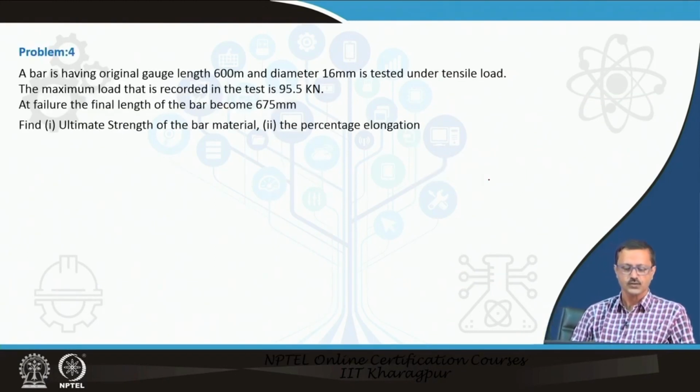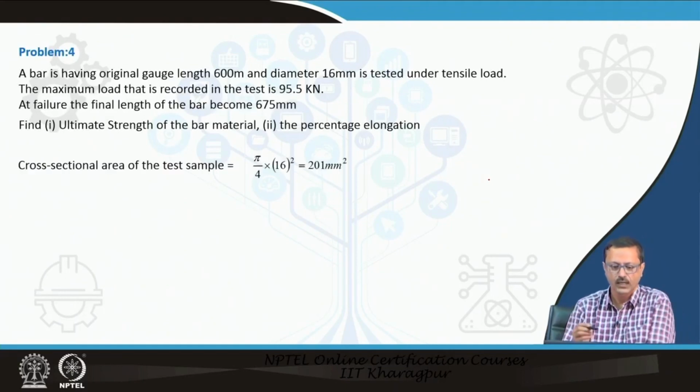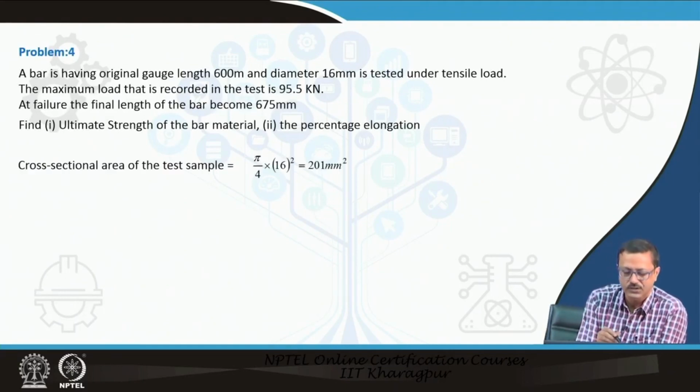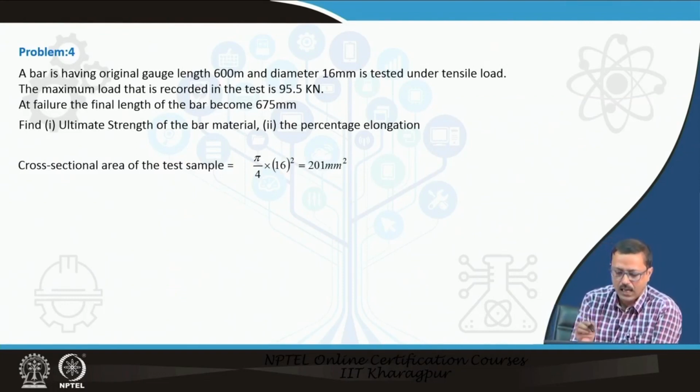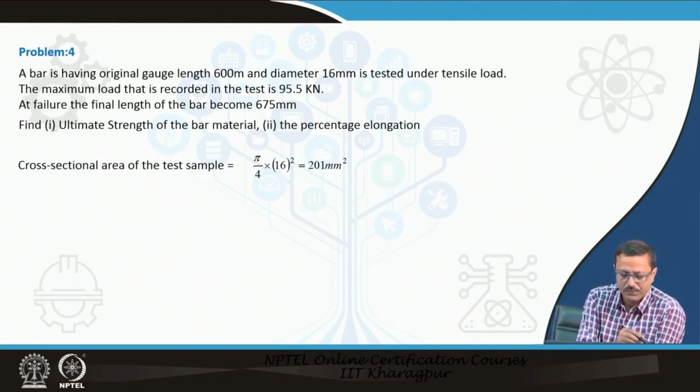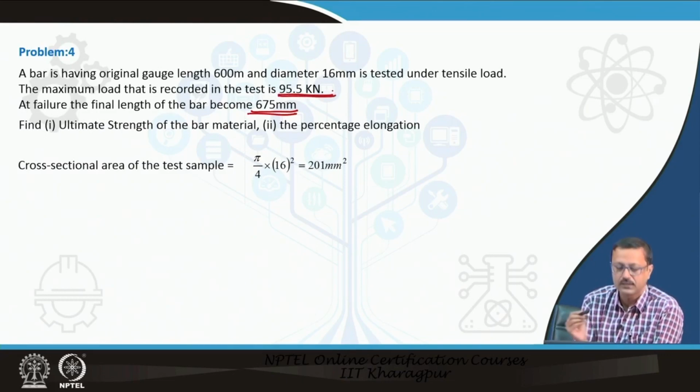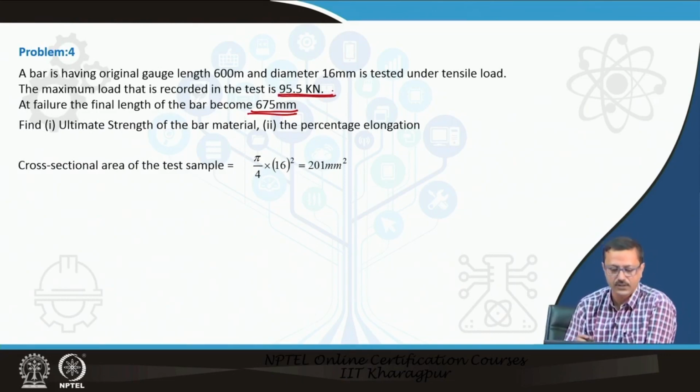We have another problem on that. I have some data. A gauge length, that is the length of the particular sample, was 600 mm and diameter was 16 millimeter. It is tested in a load test, and the length at the time of failure was 675, and the maximum load recorded in the test, not at the failure, is 95.5 kilonewton.